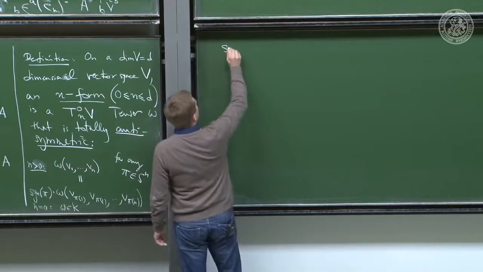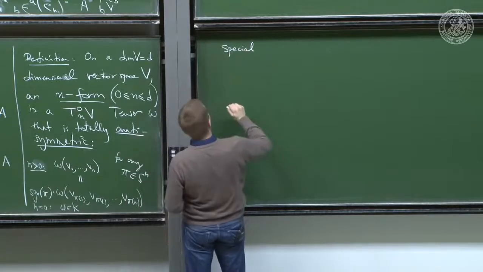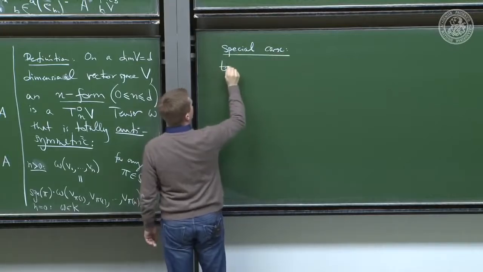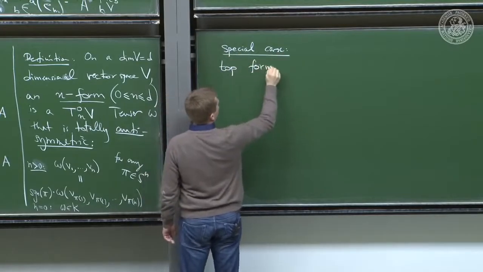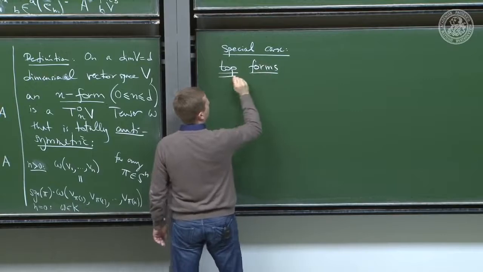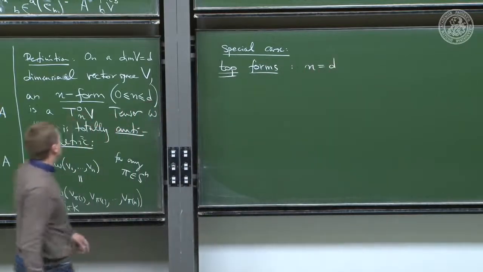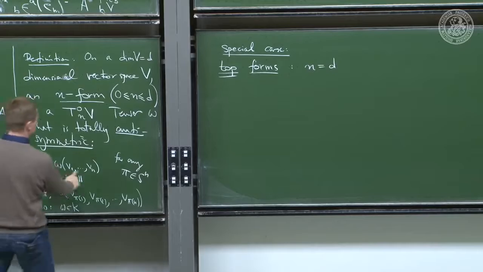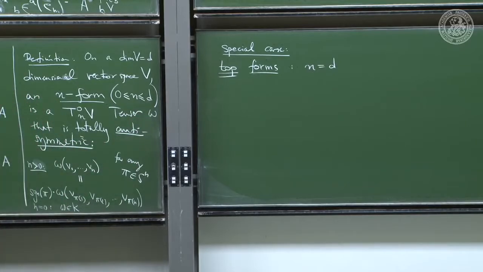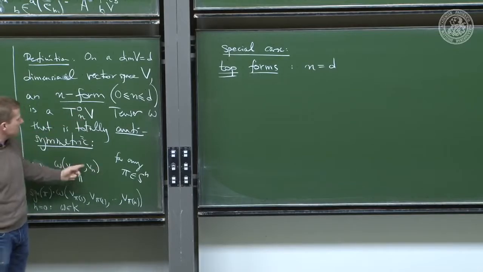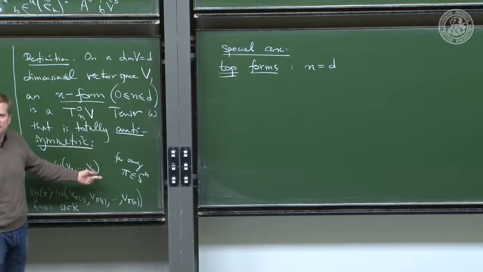And then a special case of this are the so-called top forms. What's so top about the top forms? The top thing is they have the top rank. You have a form that has as many entries as your vector space has dimensions. Couldn't you consider a 0 d plus 1 tensor? You can. There are tensors that have more entries than the dimension of the vector space, right?